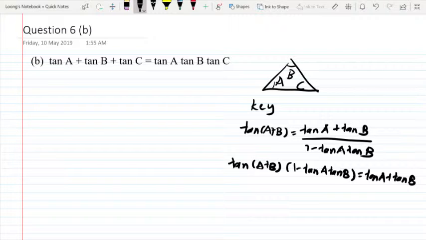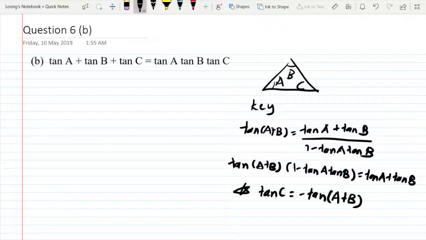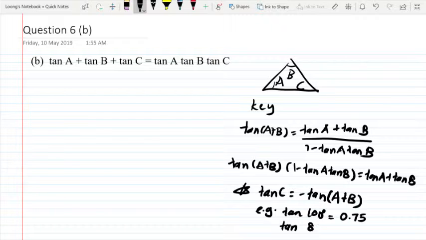And then we could also take note from that tangent C can be further expressed as negative of tangent A plus B. As an example, tangent 100 degrees is actually equal to 0.75, and the same goes for tangent of 80 degrees, also equal to 0.75.